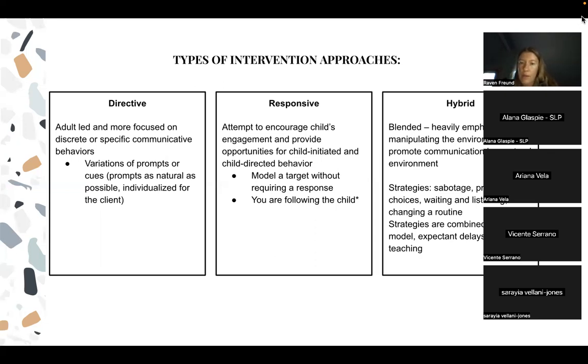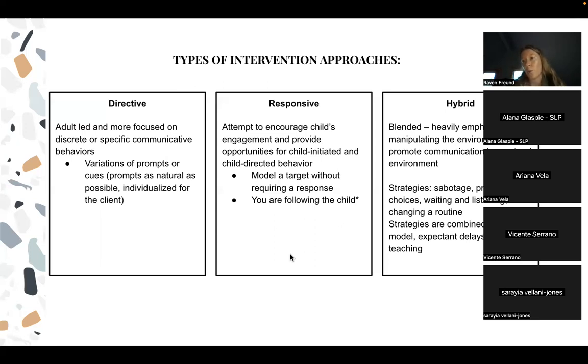And then hybrid. This is a blend between directive and responsive intervention approaches. Heavily emphasize manipulating the environment to promote communication in a natural environment. These are things like sabotage.